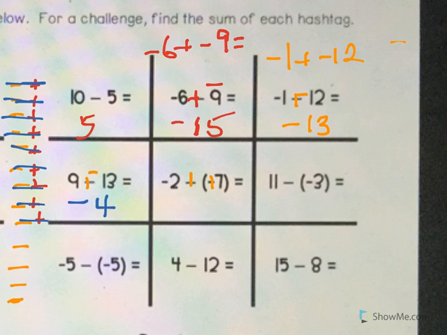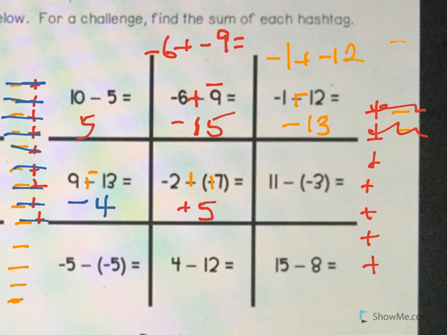A positive. Okay, so if I have positive 7, 1, 2, 3, 4, 5, 6, 7, and then I have 2 negatives, I could see that. Well, these guys cross each other out, these guys cross each other out, and how many positives do I have left? 1, 2, 3, 4, 5, so it's a plus 5.